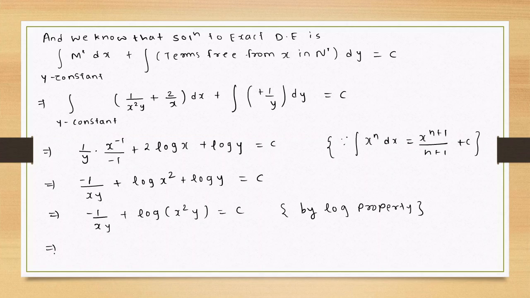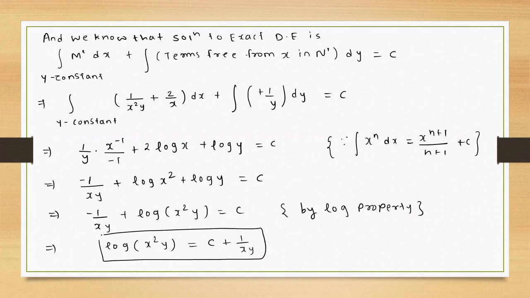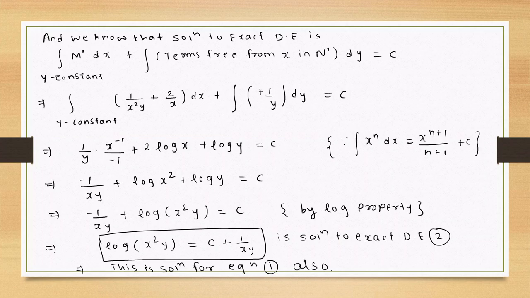So we can write it as log x square y is equal to c plus 1 upon xy, which is the solution to exact differential equation 2. Then we can write this is the solution for equation 1 also.